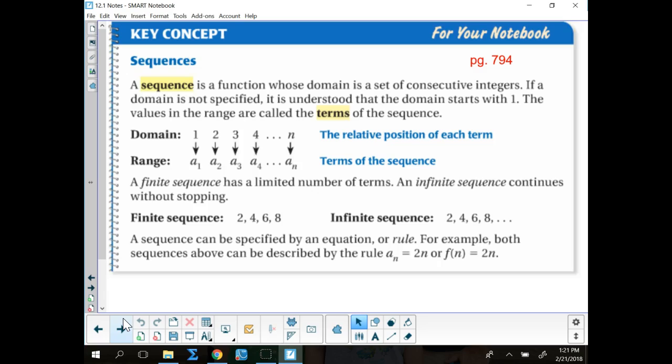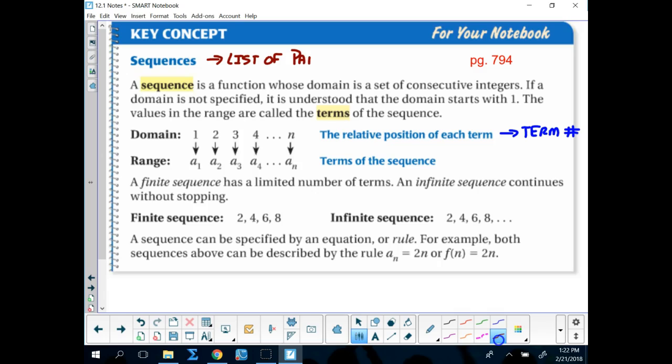So the domain is the term number: first term, second term, third term, etc. A sequence is a list of patterned numbers, meaning there's some kind of pattern going on between them.